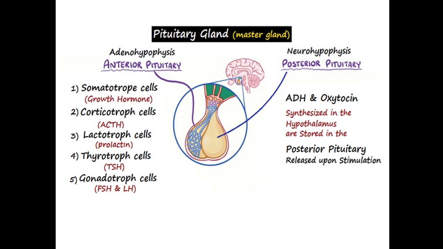The gonadotrope cells produce gonadotropic hormones, the follicle stimulating hormone and the luteinizing hormone.